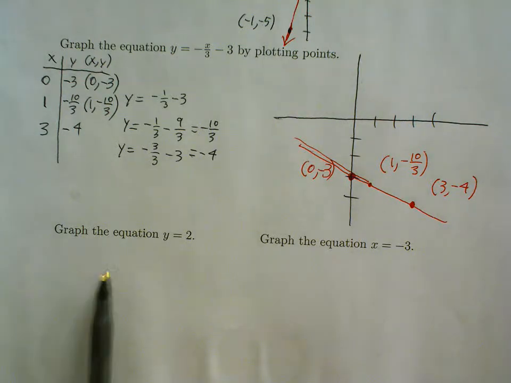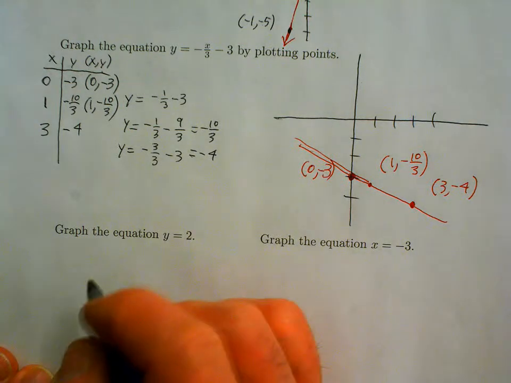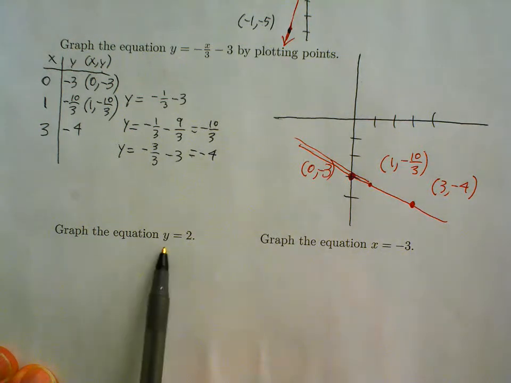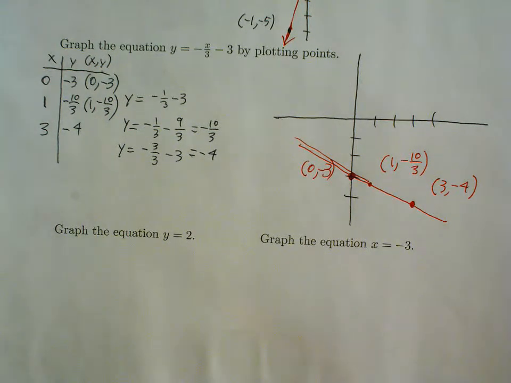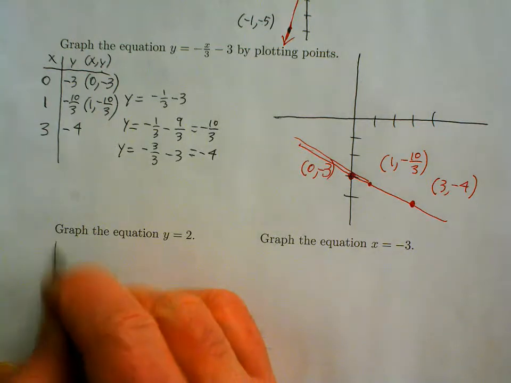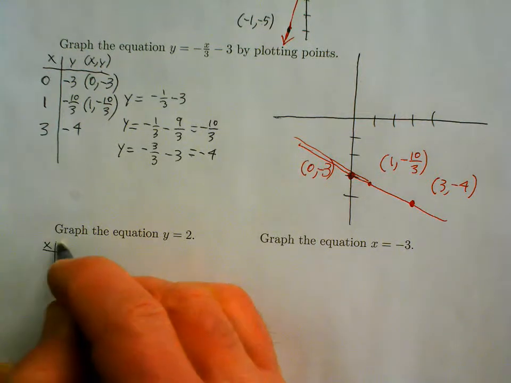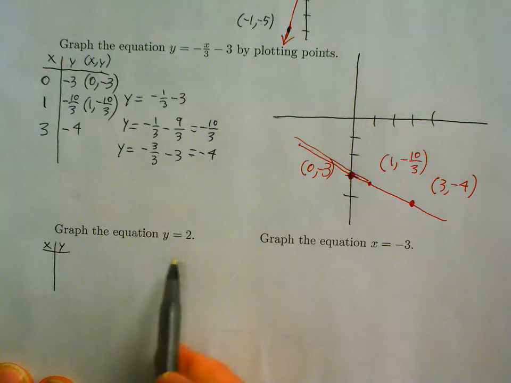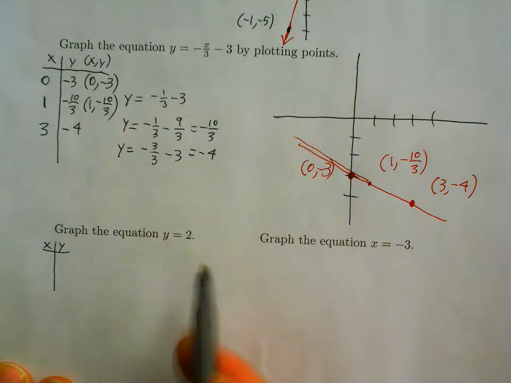Now let's graph the equation y equals 2. The variable x does not appear, but what that means is x can be any number as long as the y-coordinate is 2.